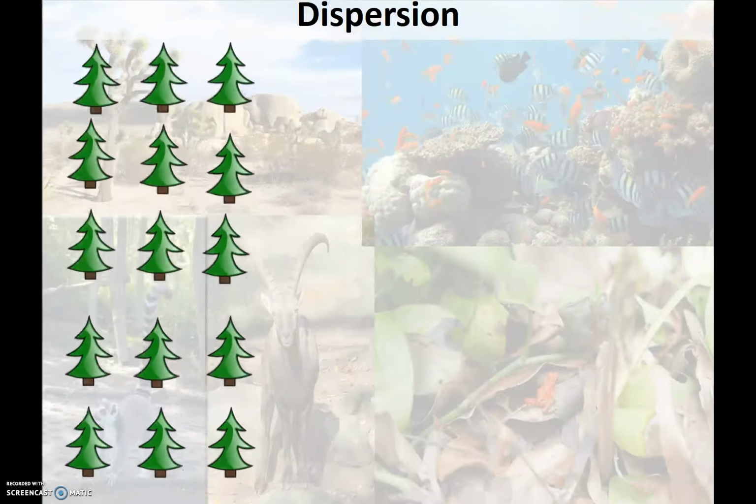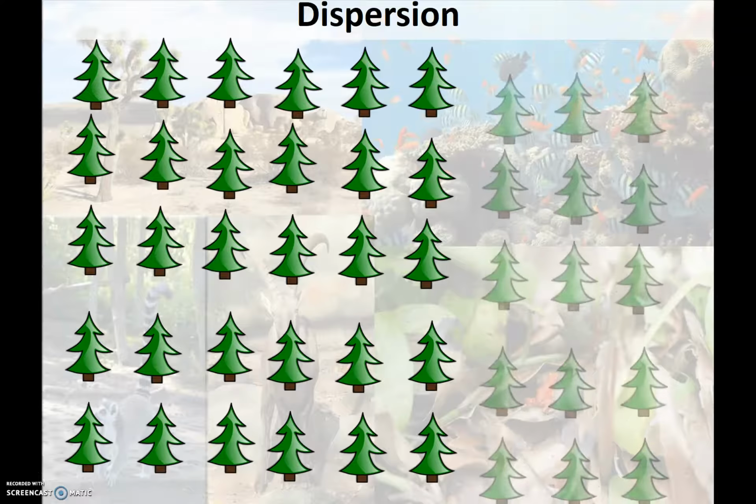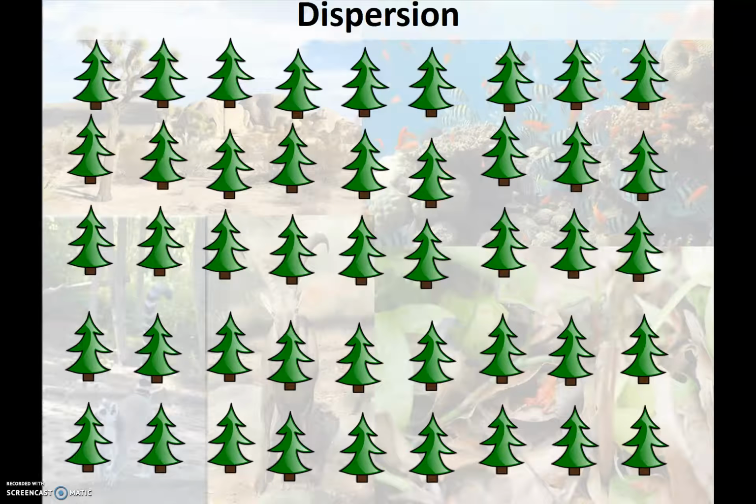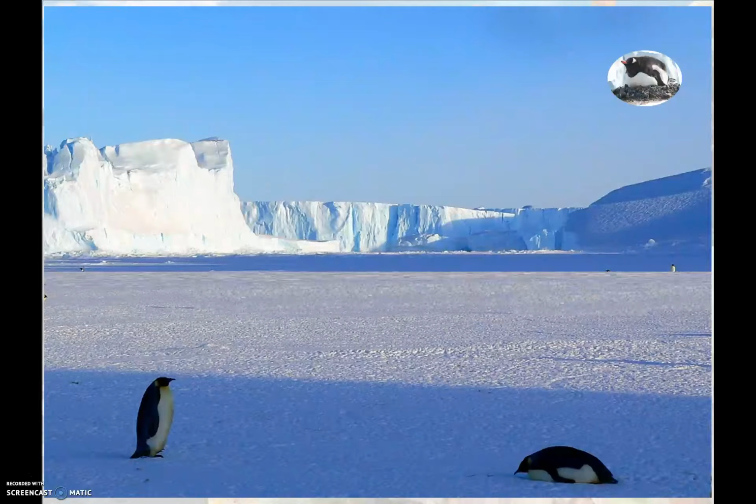And then the last type of dispersion is called uniform dispersion. Now that'd be kind of weird if you walked into a forest and all the trees are planted evenly. But in reality, this is common in bird species, especially birds that build their nests on the ground. So we can see here these penguins, they collect rocks to build their nests to lay their eggs.